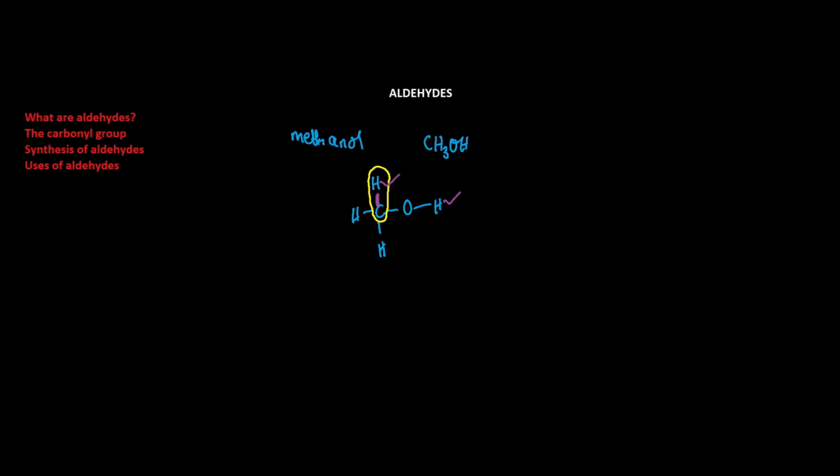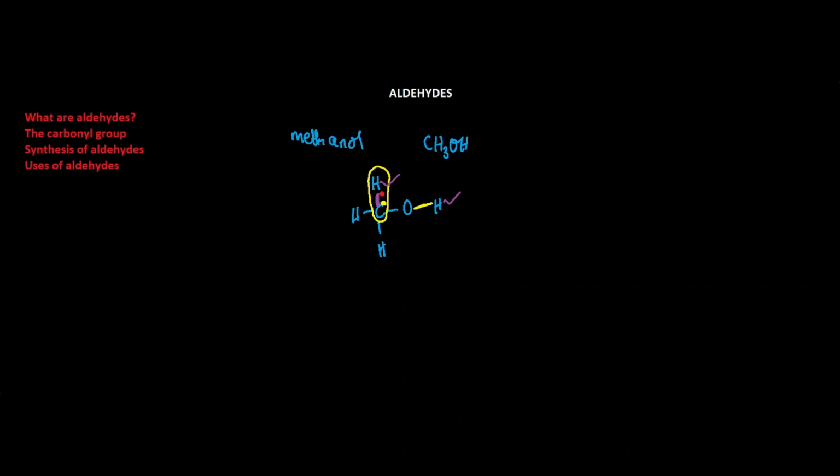So the bond that we have here, highlighted in purple, is made of an electron from hydrogen and another electron from carbon. We can imagine that carbon retracts its electron and hydrogen also retracts its electron.